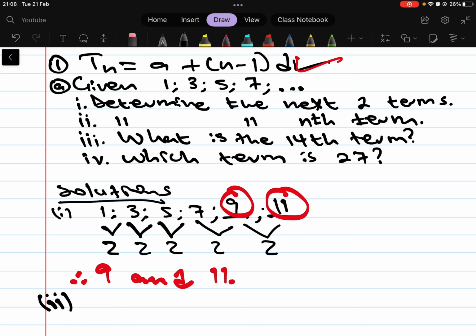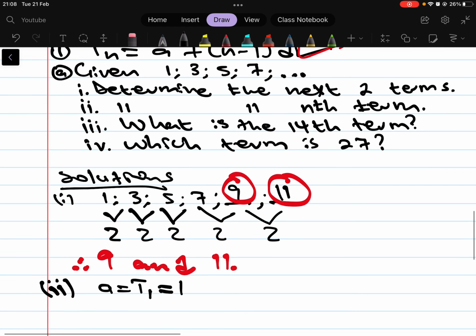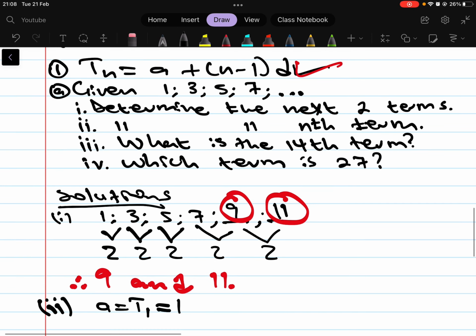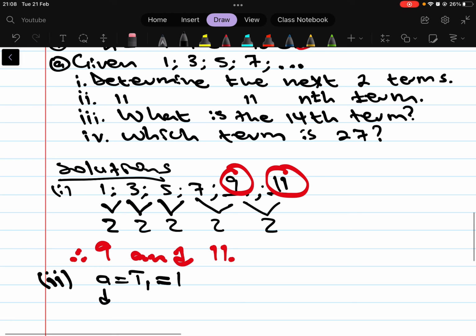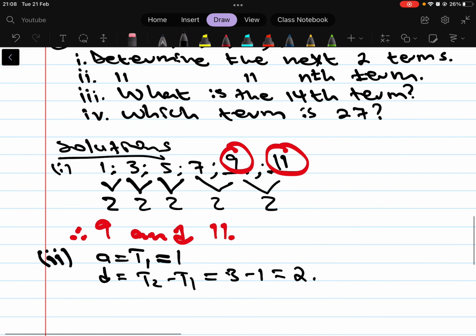What is a? a is equal to the first term, which is equal to 1. And then what is d? d is the common difference, which is equal to term 2 minus term 1. Basically that is equal to 3 minus 1, which is equal to 2. We've already established that.